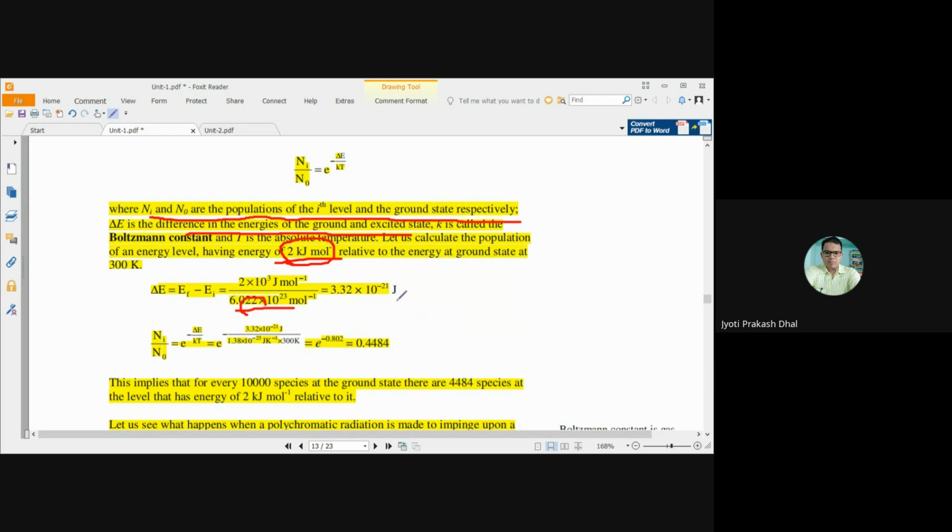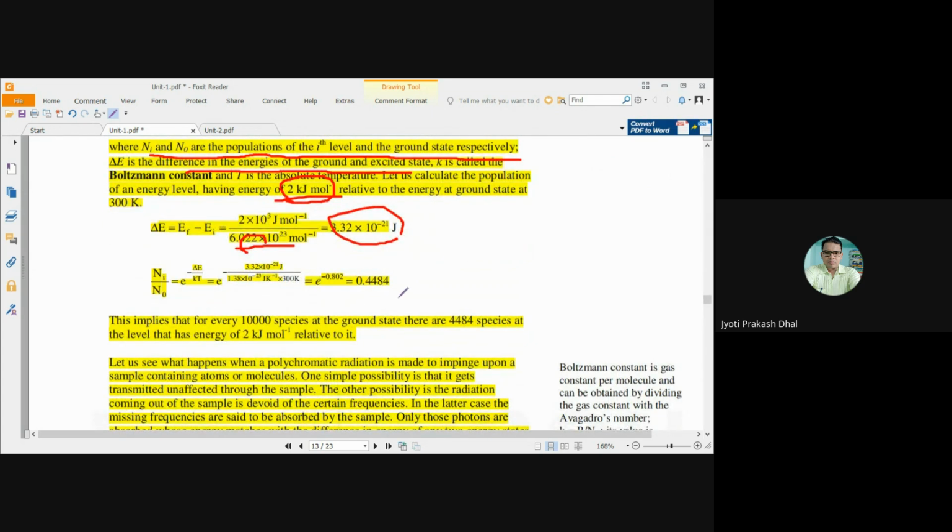That will give the energy of a particular species. If we put in the values, we find 0.4484. This implies that for every 10,000 species at the ground state, there are 4,484 species at the level having energy 2 kilojoule per mole relative to it.